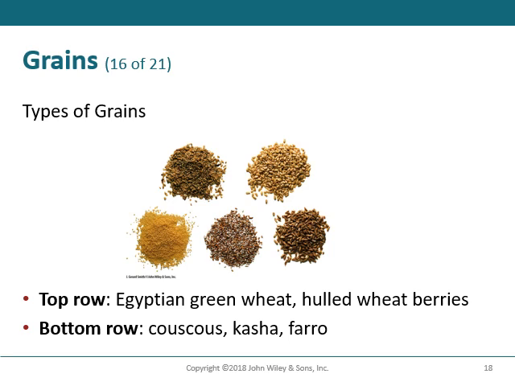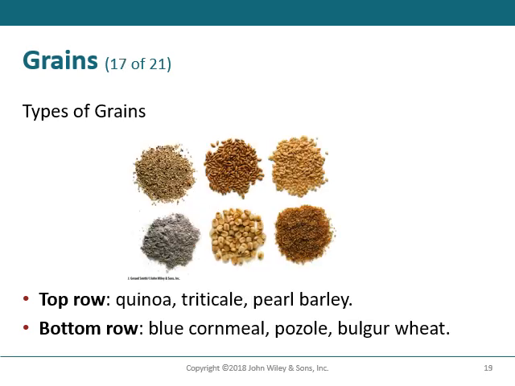Kasha, which is that toasted buckwheat that can be cooked, usually like a warm cereal, or it can be partly cooked and dried and then eaten in milk like a cereal. And then farro on the bottom right, which is that possibly ancient relative to wheat.